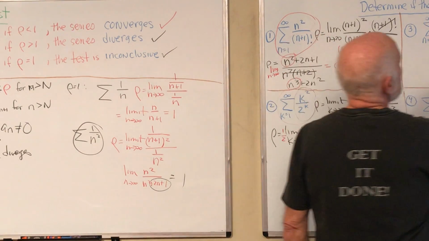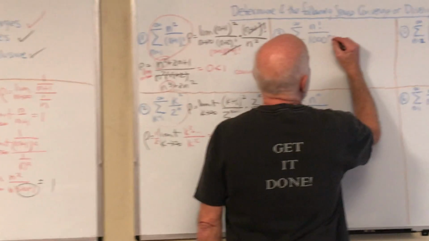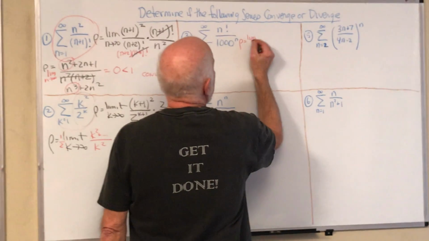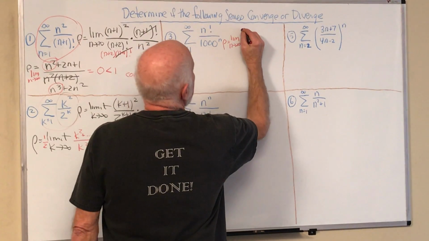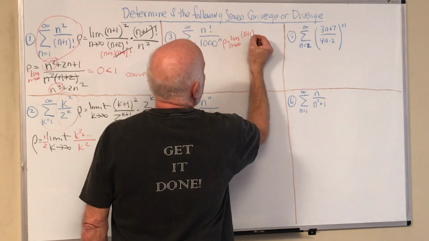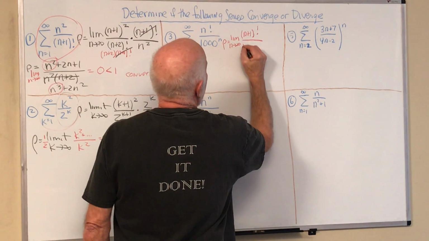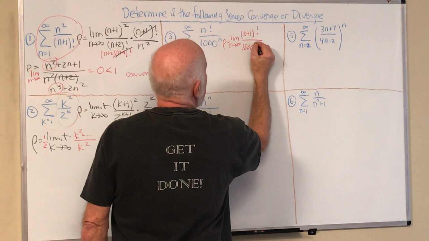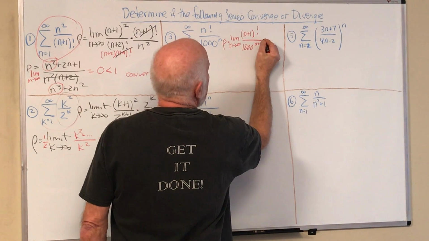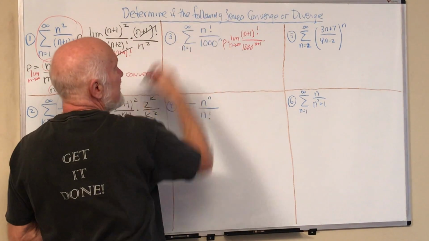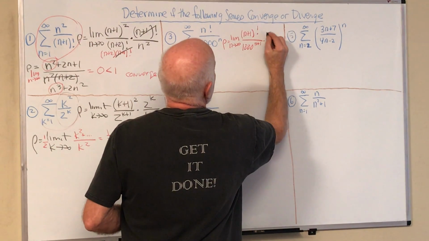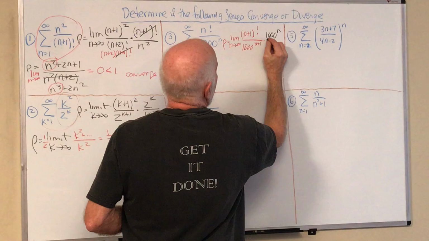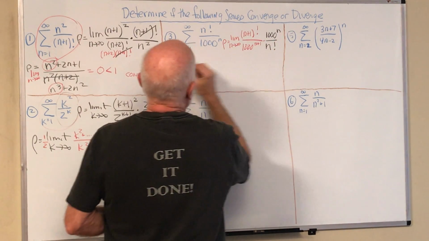Let's see what we can do. We can say rho is the limit as n approaches infinity. Now we have to make this n plus 1 factorial over 1,000 to the n plus 1. And I have to divide by this or multiply by its reciprocal, which is 1,000 to the n over n factorial.